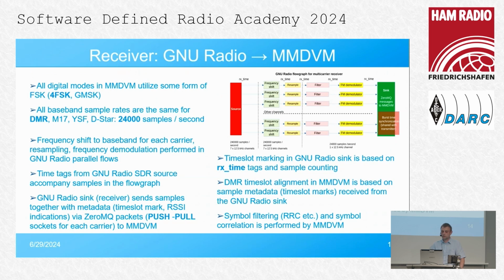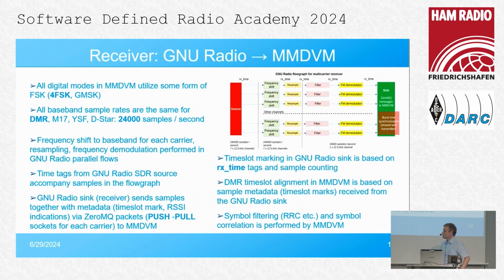Okay, so about the receiver. Receiver consists of, first of all, GNU Radio flow graphs. Thankfully, all the modes implemented within MMDVM utilize some form of frequency shift keying. And they also use the same baseband sample rate, 24,000 samples per second, which is very convenient from a digital processing side.